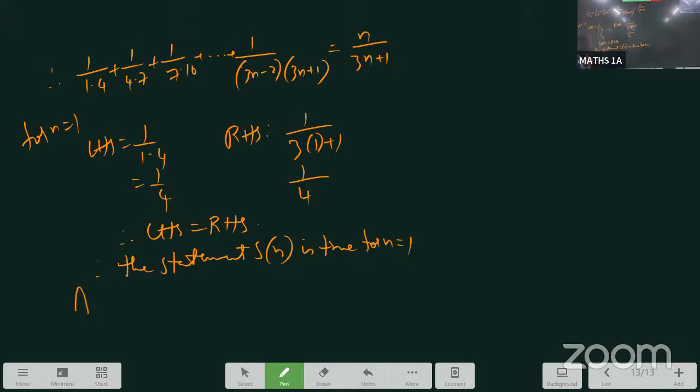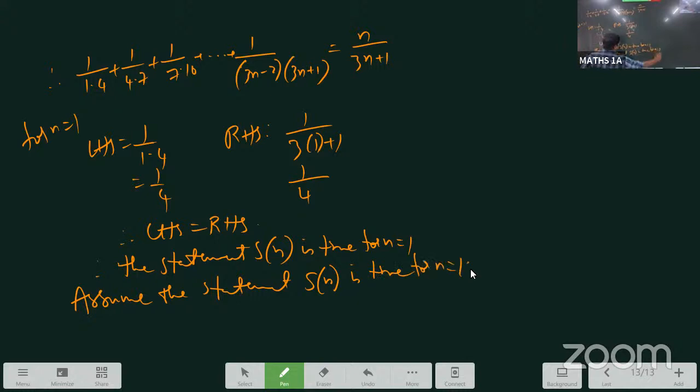Now assume the statement S of n is true for n equal to k.